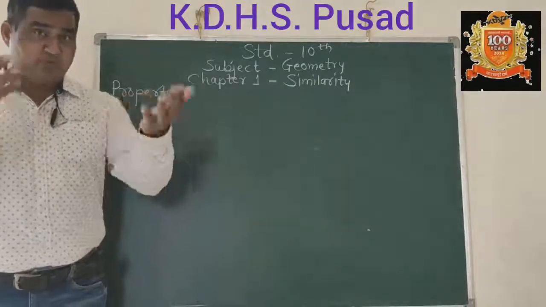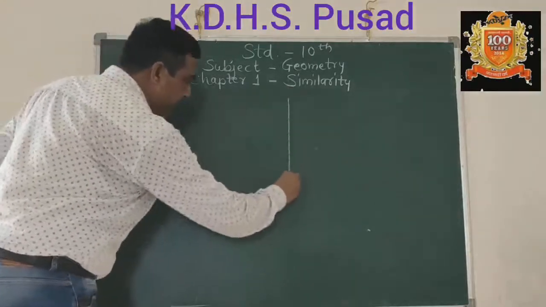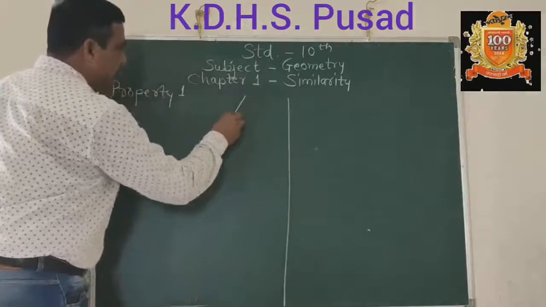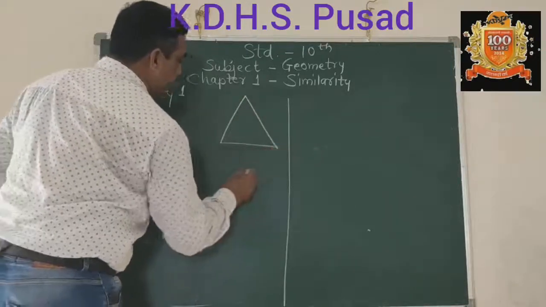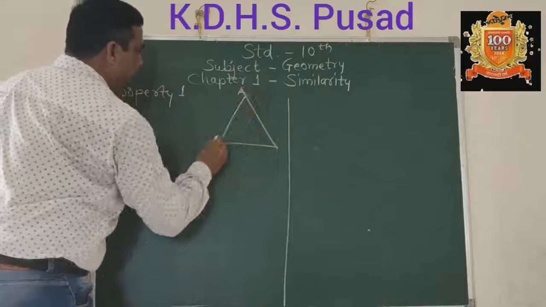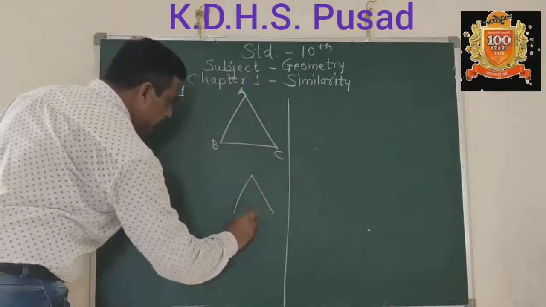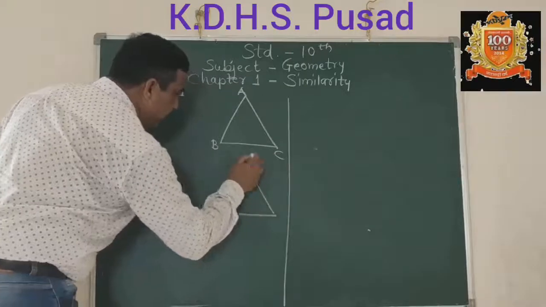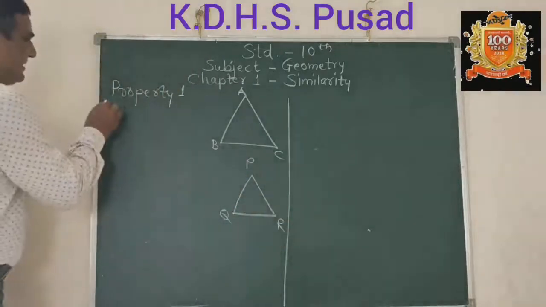Now let's prove it. So here I will draw the diagram first. Here consider the first triangle ABC, and here the second triangle PQR. Okay. Now first of all, given.